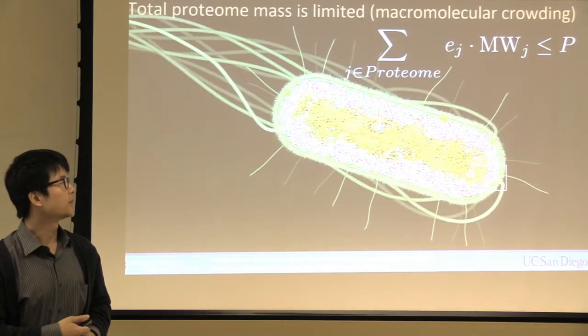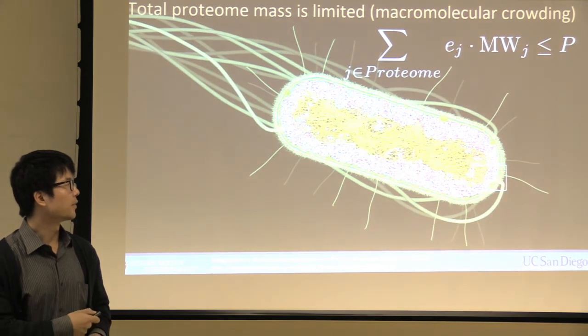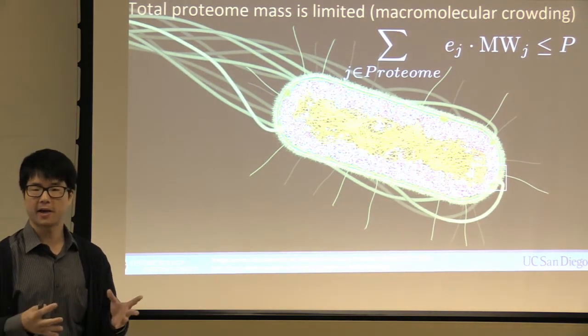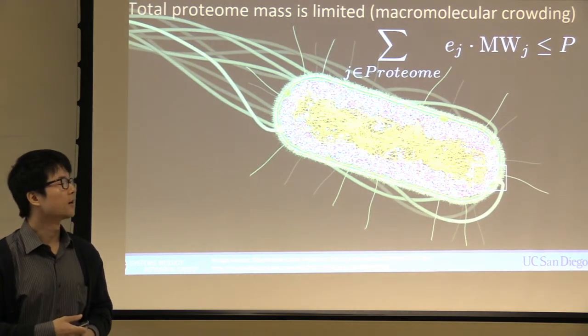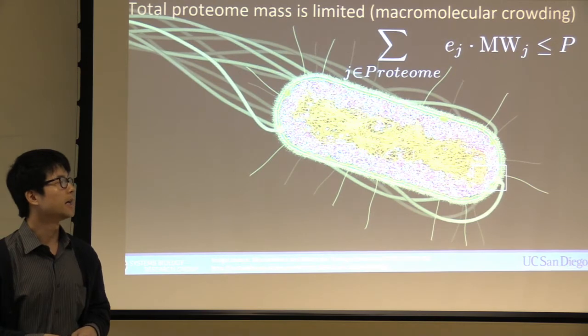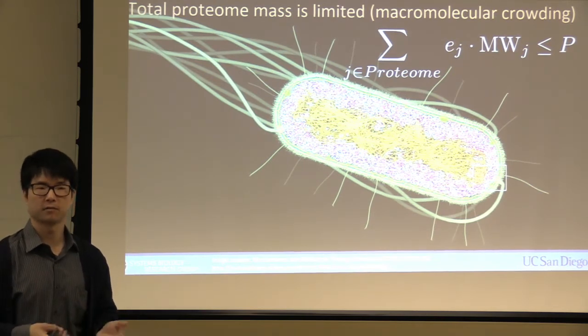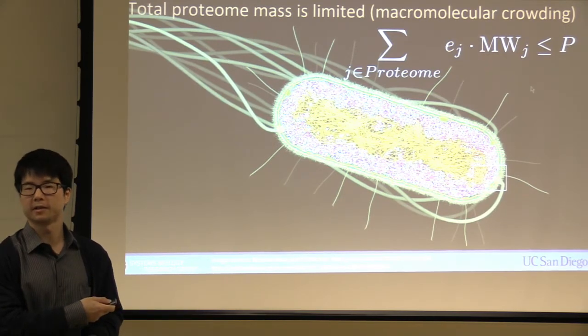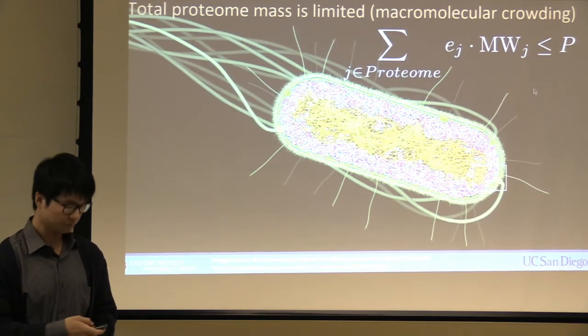The point here being that we know the total proteome mass of any cell is finite. And so we need to now constrain the total mass of the proteome by the observed total mass of the proteome, which is going to be P here, and M, that's just the molecular weight of each enzyme.